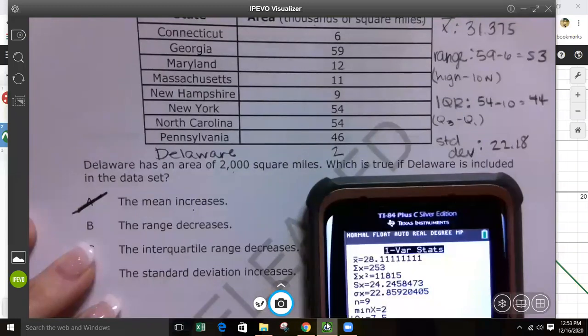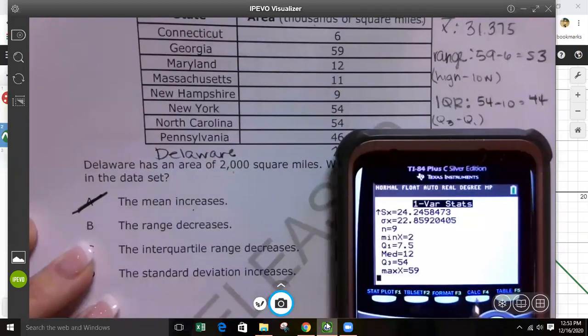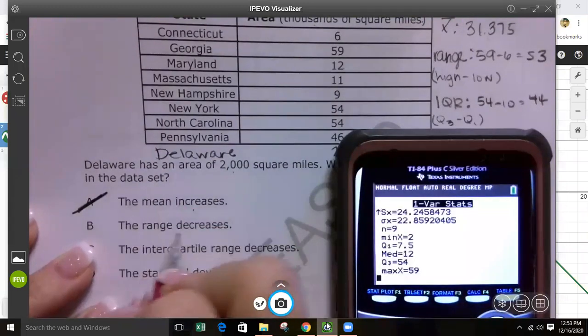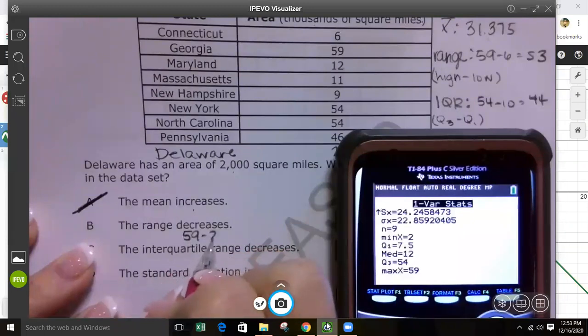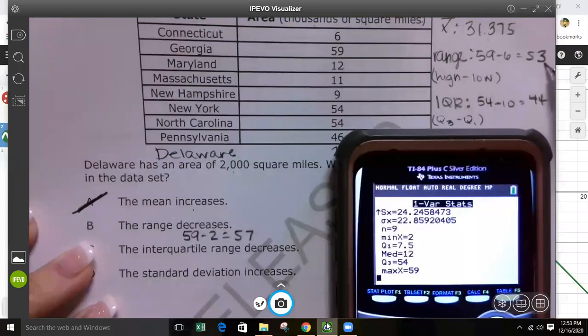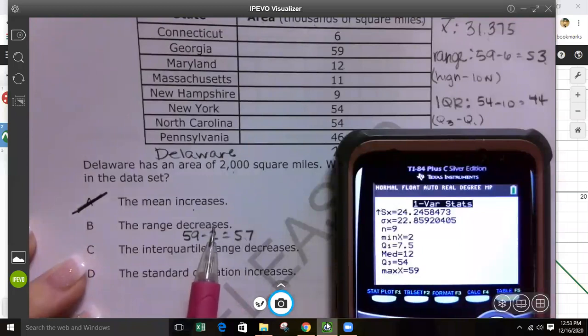All right. So the range, remember how we find the range is the biggest number, 59. There it is at the bottom of your screen, minus the littlest number, 2. So 59 minus 2 is 57. At first it was 53. Then it was 57. Did it decrease?